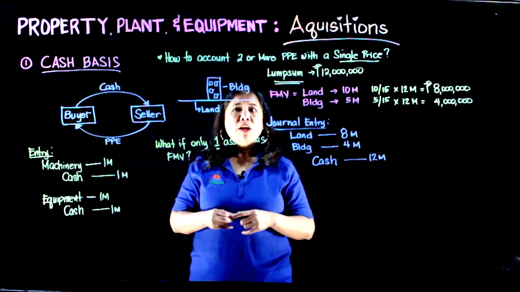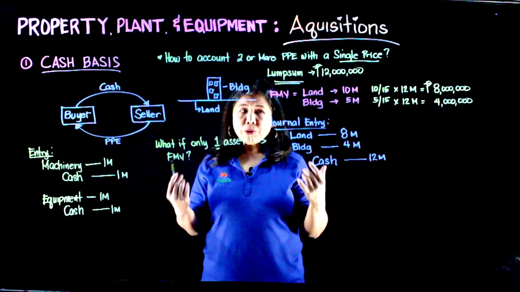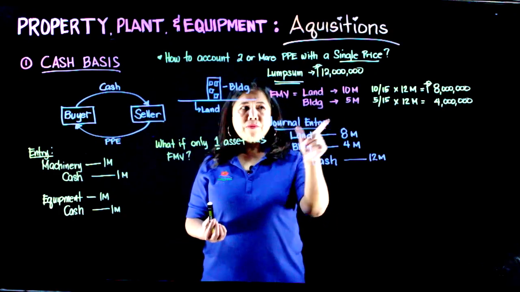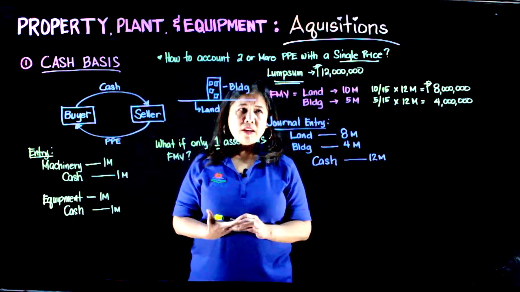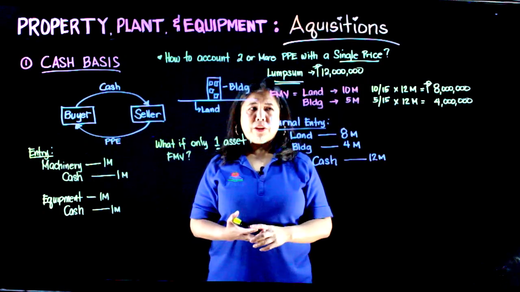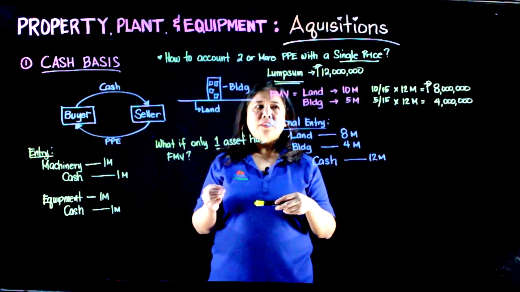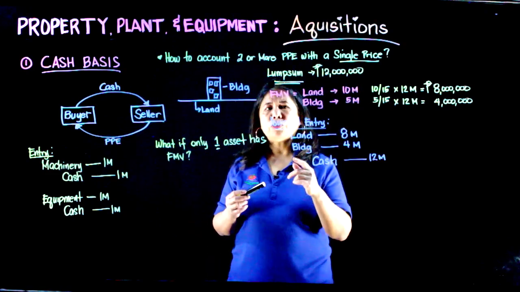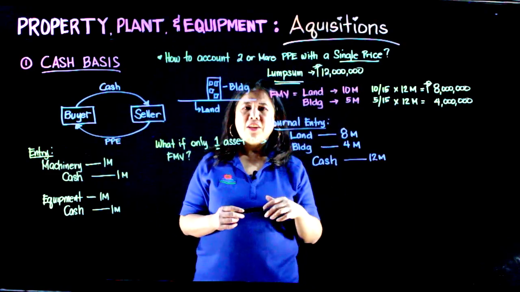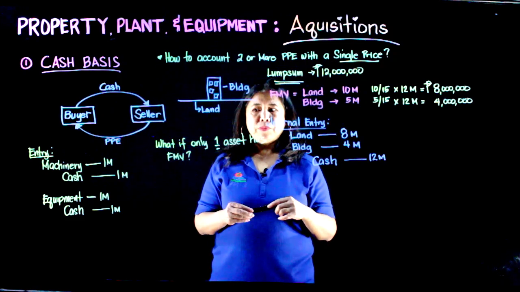Let's say, for example, si land lang ang merong fair market value and the fair market value is 10 million at ang lump sum price is 12 million. So, magiging entry natin this time is debit to land of 10 million, debit to the building of 2 million, and credit to cash of 12 million.